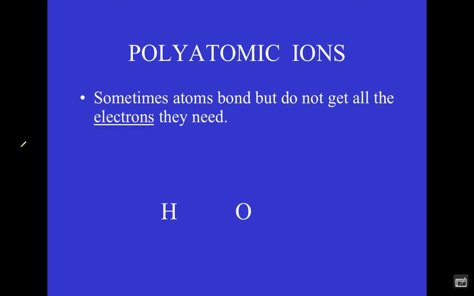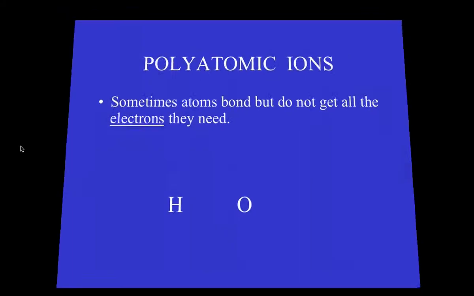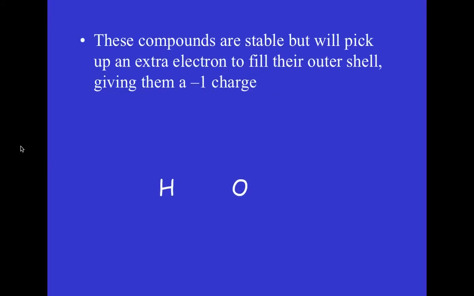So these compounds sometimes will be stable, but they will actually pick up an extra electron so that they fill their outer shell. This can be 1 electron, 2 electrons, or it can actually be losing an electron. Looking again at our example with hydrogen and oxygen, we said that they shared here, and oxygen actually picks up 1 more electron so that it is now stable with 8.